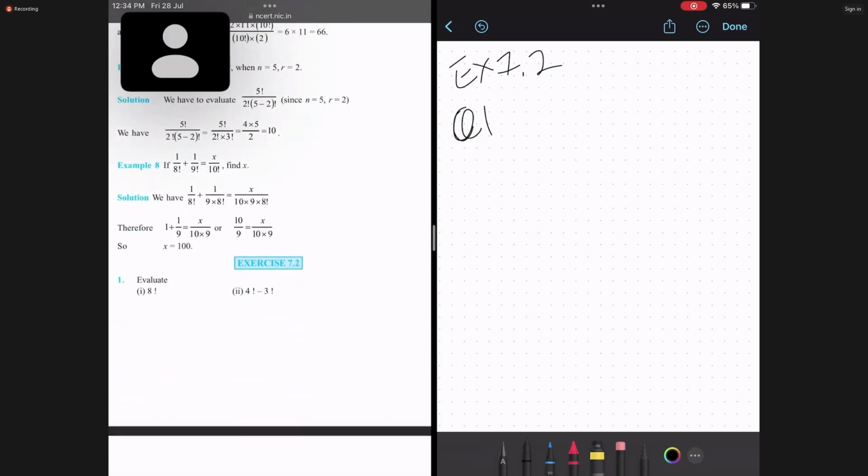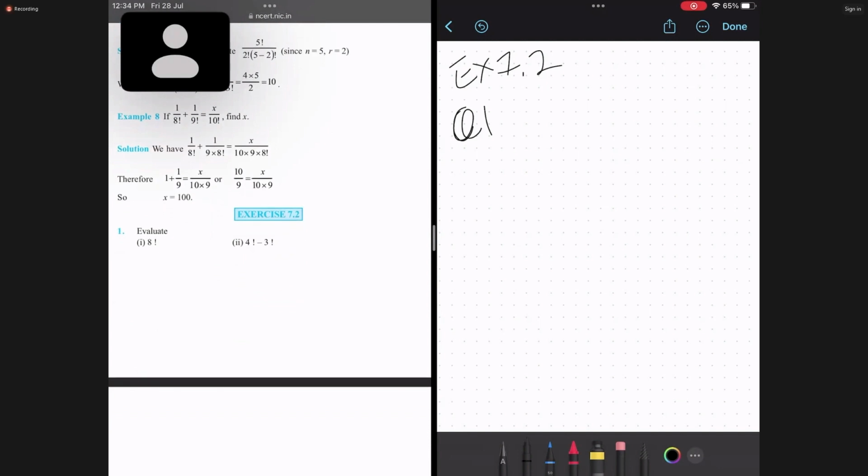Question number 1, exercise 7.2. First part. So the first part is fairly straightforward. We have been asked to evaluate 8 factorial. And as you know, this factorial notation is nothing but numbers multiplied in a series from n, where n represents the factorial that you're calculating, to the first natural number, that is 1, right?